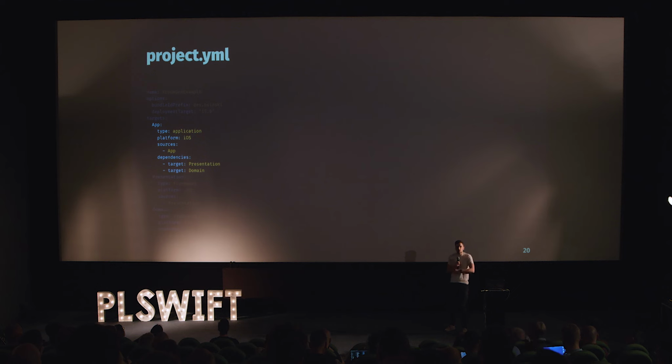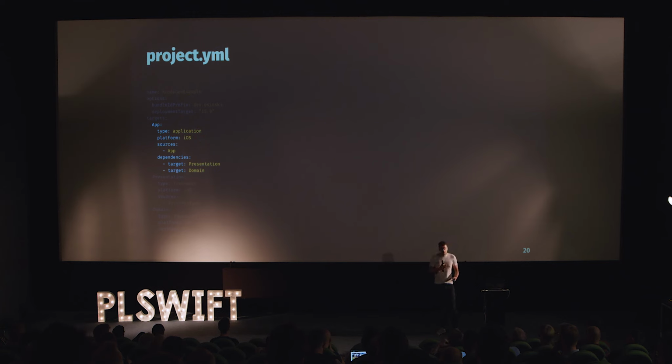And then we define our sources. So it's going to be the directory where all your sources for this target are. So all your Swift files or your Objective-C files and so on. It also includes your resources like images, maybe some audio, video you include in your project. XcodeGen has some built-in heuristics which allow it to decide if this particular file is a source file or resource.